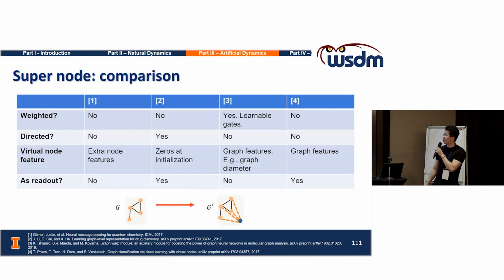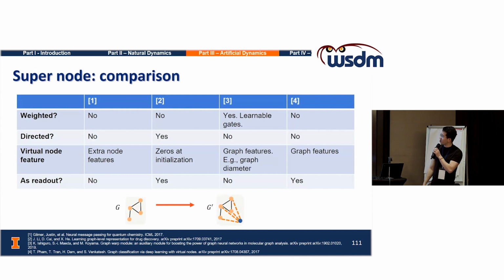Okay, here is a side-by-side comparison of different methods applying the supernode trick. The difference is mainly in the edges between the supernode and the original nodes. Another difference is how we initialize the feature of the supernode.